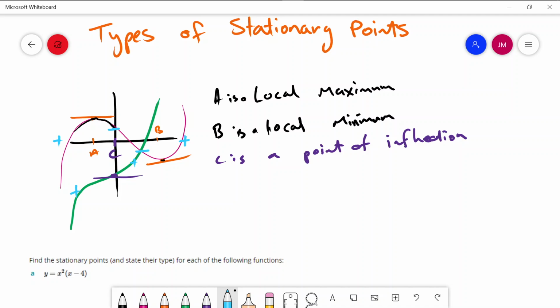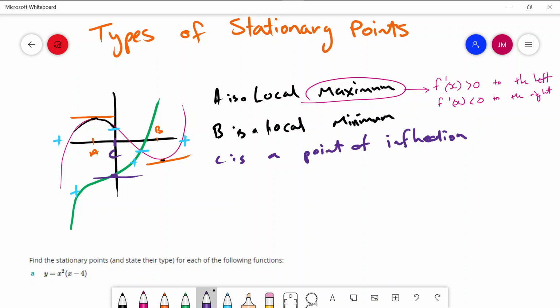So if we look at the derivative for f of x, then for the local maximum, f dash x, the derivative, would have to be positive, so greater than 0 to the left, and f dash x would have to be negative to the right for a local maximum.